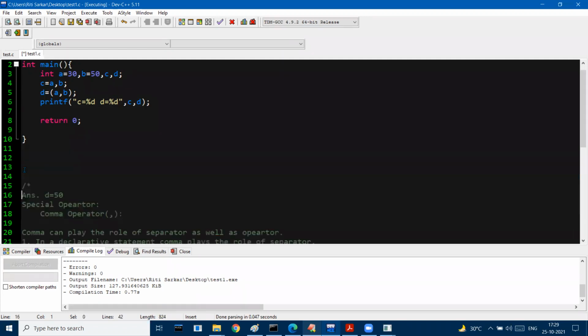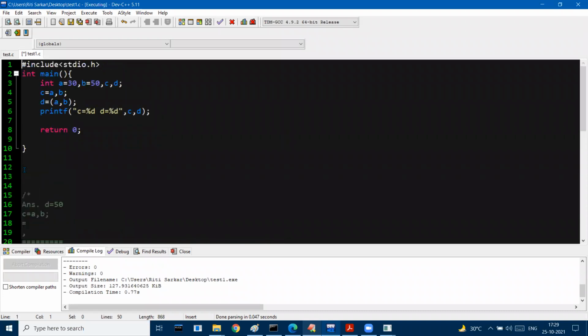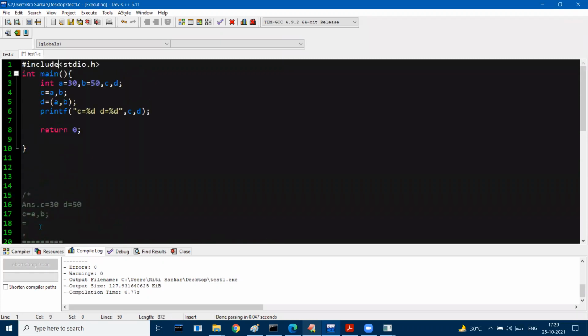The value of C will become the value of A. That means C will become 30. Like D is 50, C value will become 30. Now, first line, second line, they behave differently. Why? Just for the first bracket open, first bracket close. But as per our discussion, we understood both.